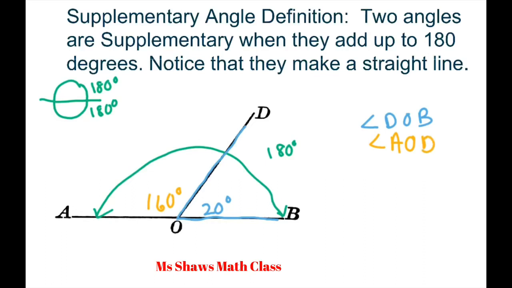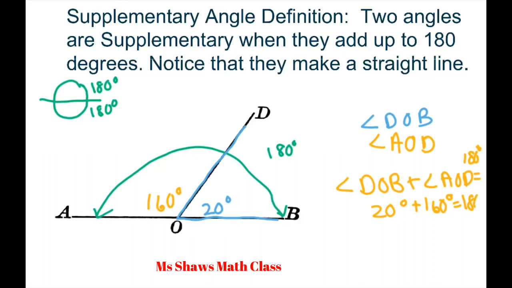So that's because angle DOB plus angle AOD equals 180 degrees, or 20 degrees plus 160 degrees equals 180 degrees.